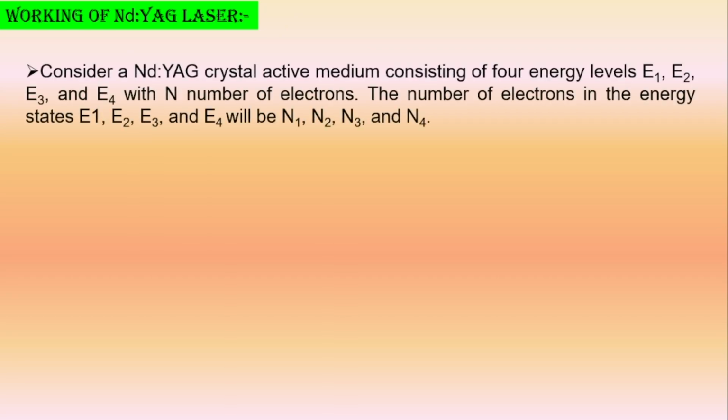Now let us see the working of Nd-YAG lasers. Let us take the Nd-YAG crystal as the active medium, in which neodymium ions have four energy levels E1, E2, E3 and E4, where the total number of electrons in the neodymium ion is n, and the numbers of electrons in the energy states E1, E2, E3 and E4 are N1, N2, N3 and N4 respectively.